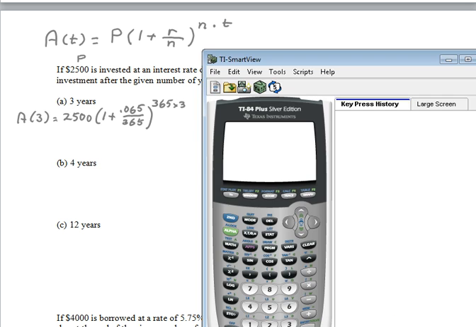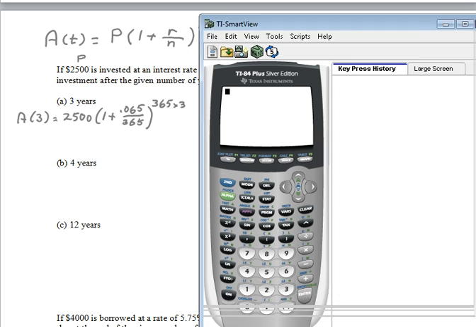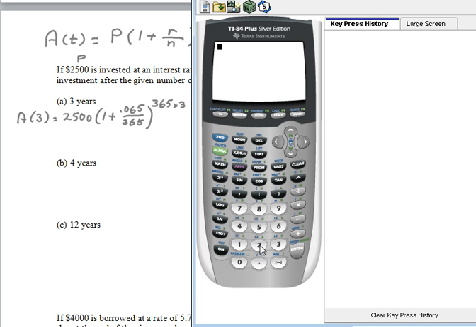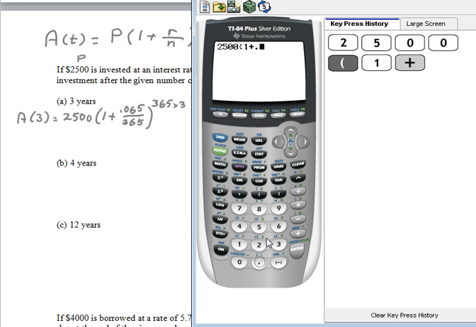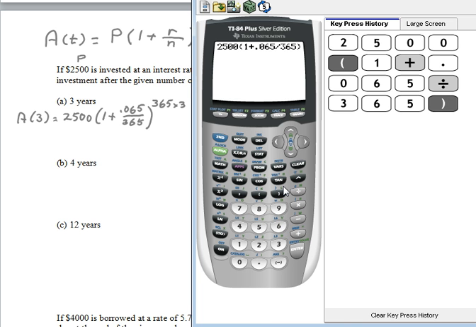If we go to the graphing calculator, we enter 2,500, open our parentheses, 1 plus 0.065 divided by 365, close the parentheses, caret, and then in parentheses 365 times 3.